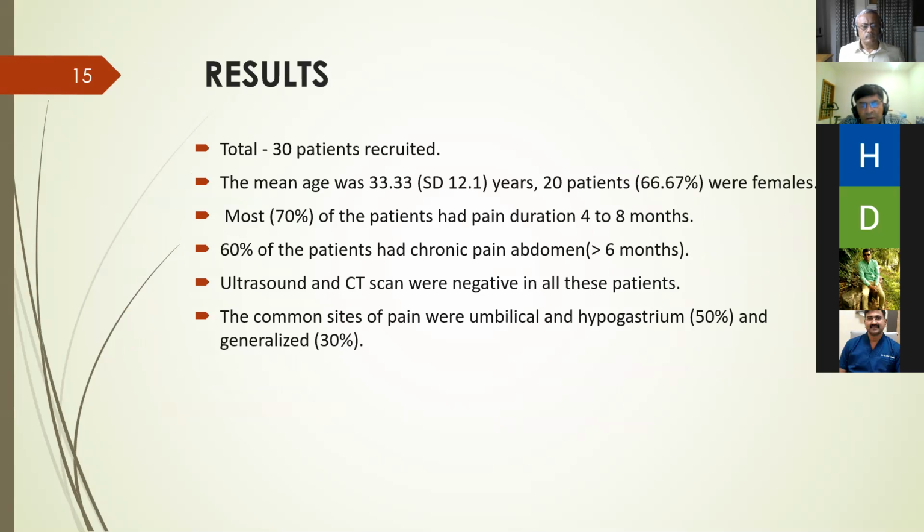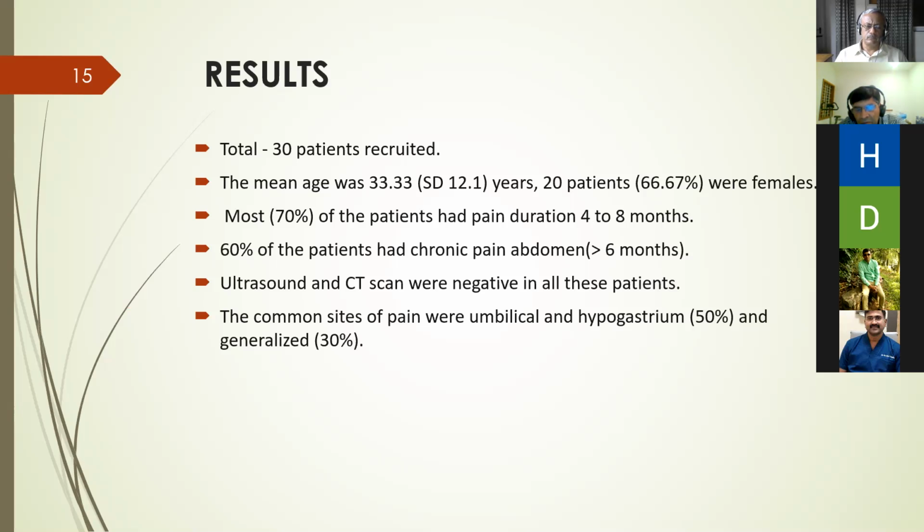Coming to the results, in the study, 30 patients were recruited. The mean age of the patients is 33.3, and most of the patients are females, around 20 patients. 70% of the patients had a pain duration of 4 to 8 months, and 60% of the patients had chronic abdominal pain of more than 6 months.